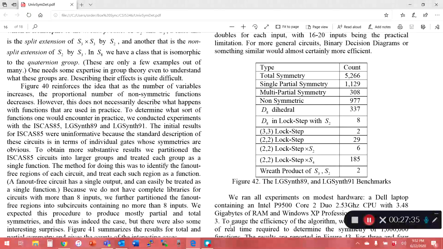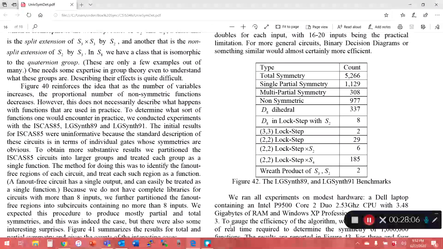I've used the term lockstep in table 42, or figure 42. What that means is that the permutations that define the symmetry have to be applied simultaneously. So I have a 3-3 lockstep. I can't apply these permutations arbitrarily.